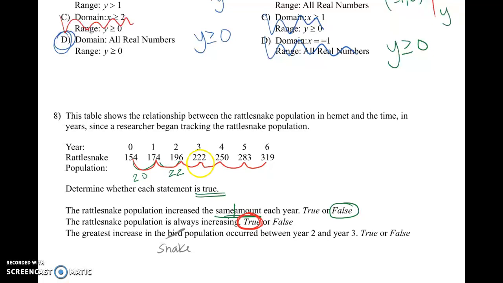So we have from 222 to 196, it was 26. From 250 to 222, it was 28. So already if it's saying the greatest increase was between 2 and 3, that should be here, which we just said was 26. And we already have one that's greater, so we already know this is false.